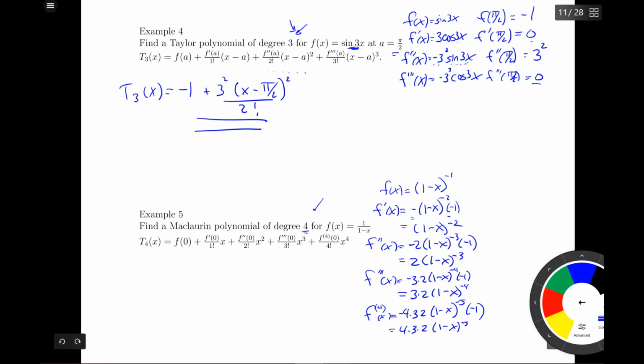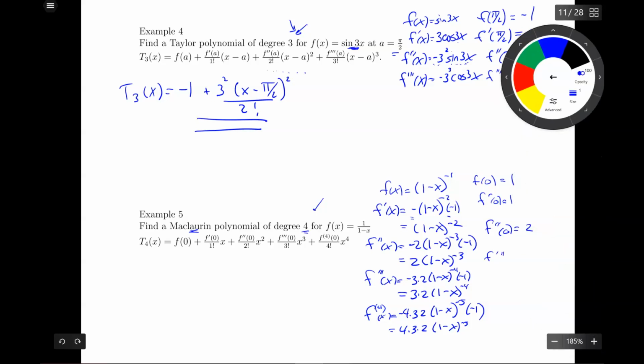All right. So now it's a Maclaurin polynomial, so I'm plugging in 0. So I get 1. F prime of 0 gives me another 1. F double prime of 0 gives me 2. Third derivative at 0 gives me 3 times 2. And fourth derivative at 0 gives me 4 times 3 times 2. All right, so let's put this together.